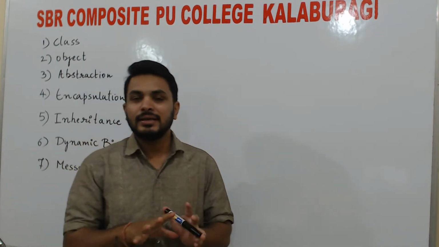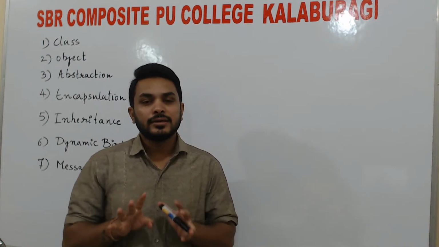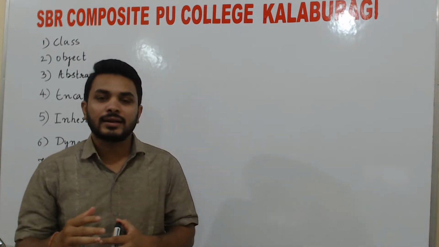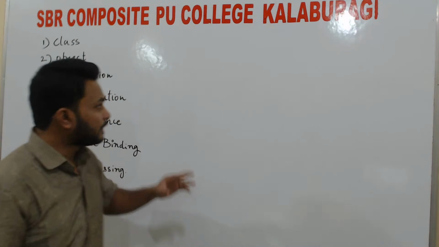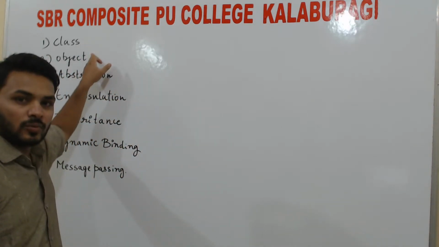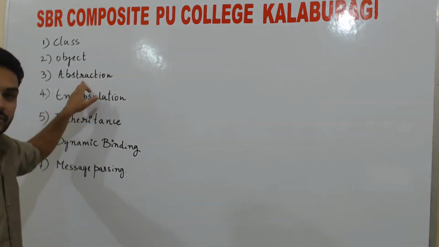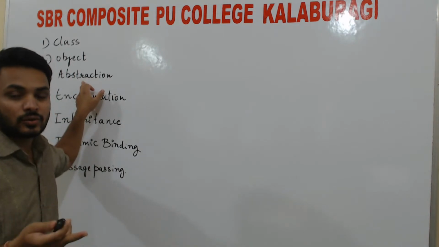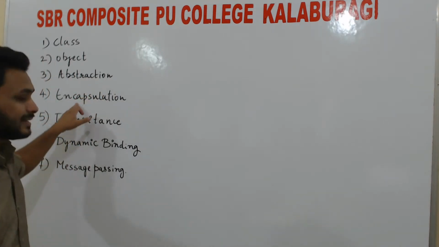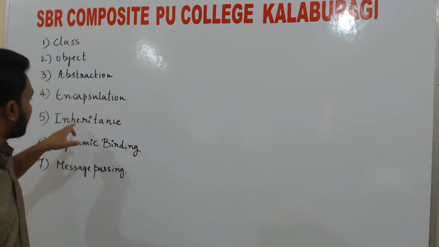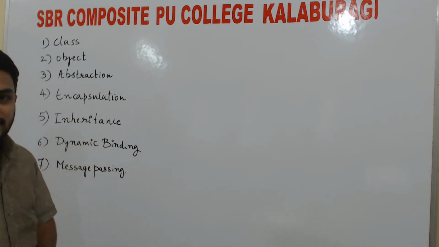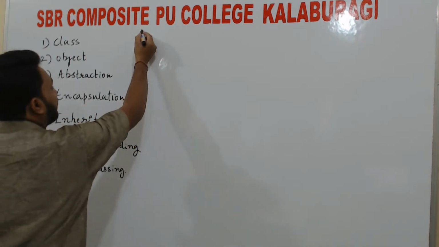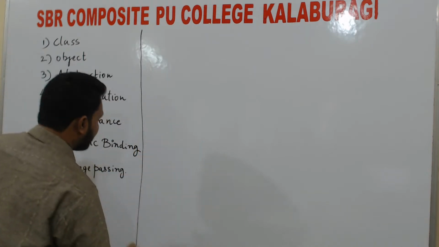Again I will write what exactly the class includes, what the object includes, and how we are going to write the abstraction concept in the program, same as encapsulation, inheritance, dynamic binding, and message passing.